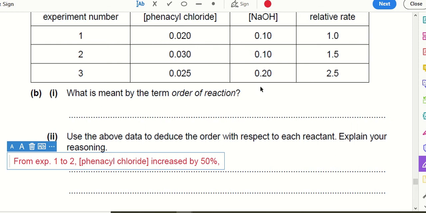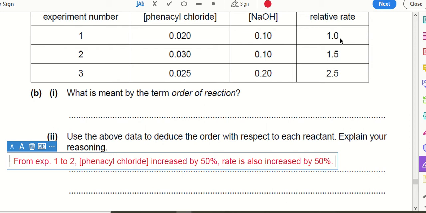What happened to the rate of reaction? 0.03 divided by 0.02 is 1.5. Here 1.5 divided by 1.0 is also 1.5. So the rate also increased by 50%. So you see, the rate is proportional to the concentration.